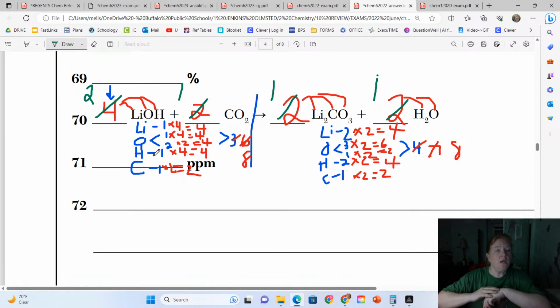Okay, because if I can divide all of the coefficients by a number, I have to. So do you see how the coefficients were 4, 2, 2, and 2, right? Can I divide them all by 2? I can. 4 divided by 2 is 2. 2 divided by 2 is 1. 2 divided by 2 is 1. And 2 divided by 2 is 1.